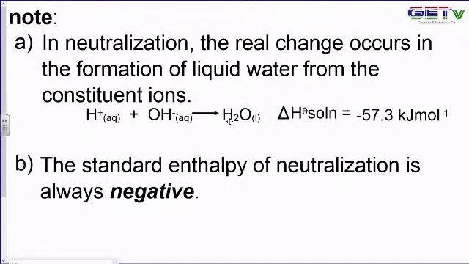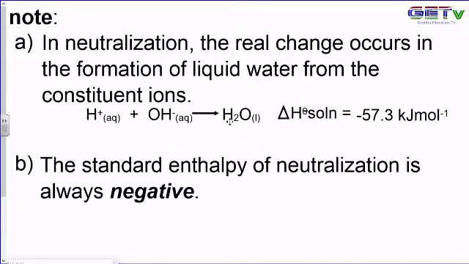Note, in neutralization, the real change occurs in the formation of liquid water from the constituent ions. That is, the hydrogen ion is from the acid and the hydroxyl ion is from the base. Now, when 1 mole of this acid, that is hydrogen ion, and 1 mole of the base, which is hydroxyl ion, are reacted at standard conditions, they will produce 1 mole of water.